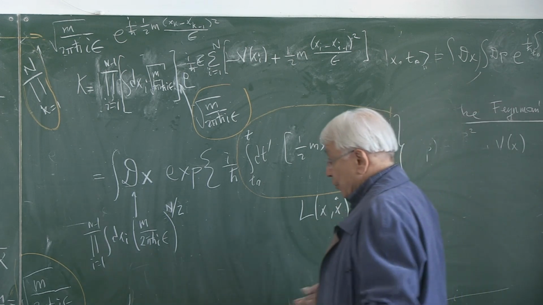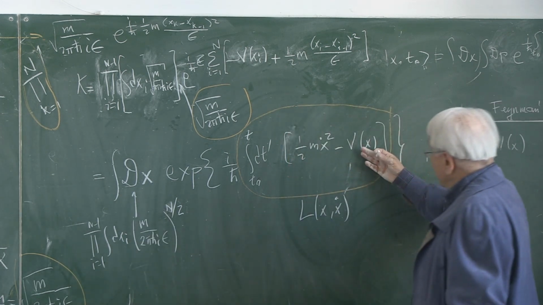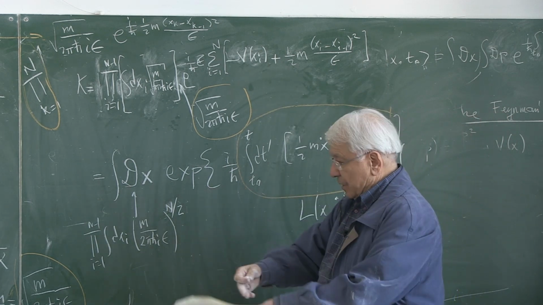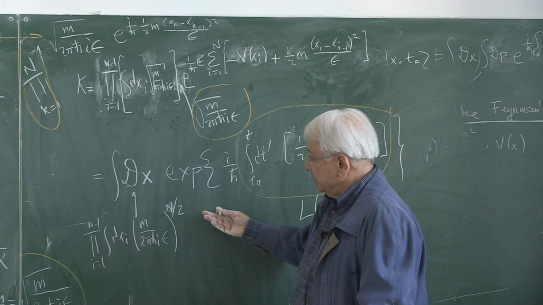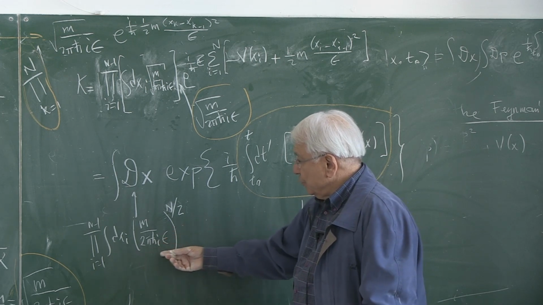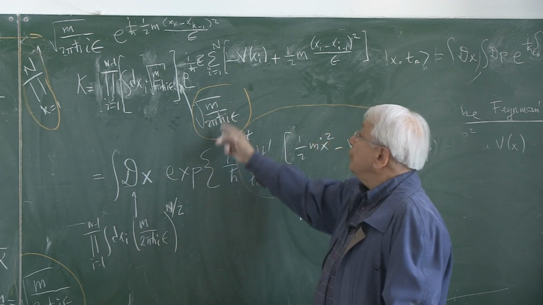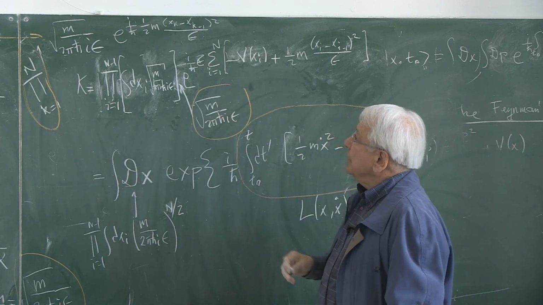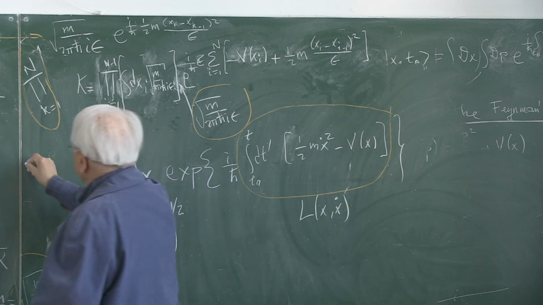So when you are going to do any actual computation, when the V is specified, then you have to unfold and go to the time lattice and put those measures correctly with the correct number of m, these initial factors, and that gives you the K in the Feynman form.